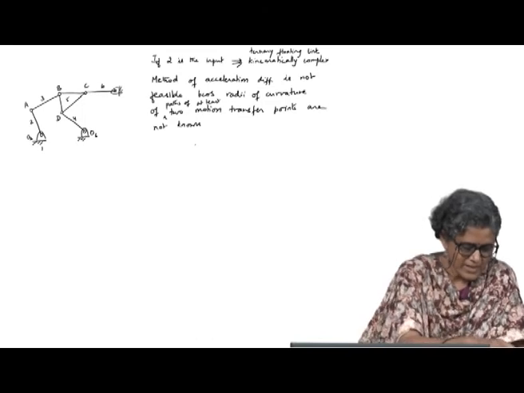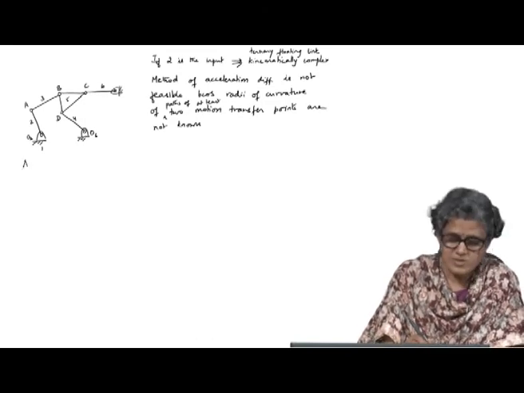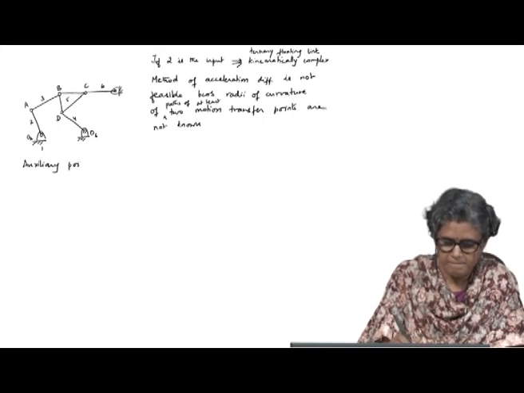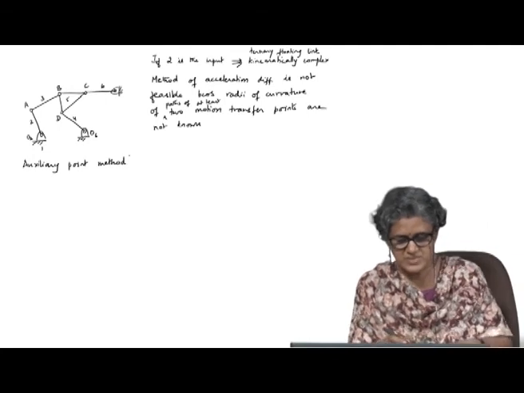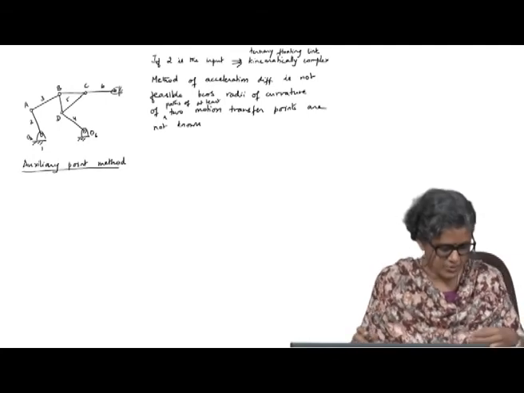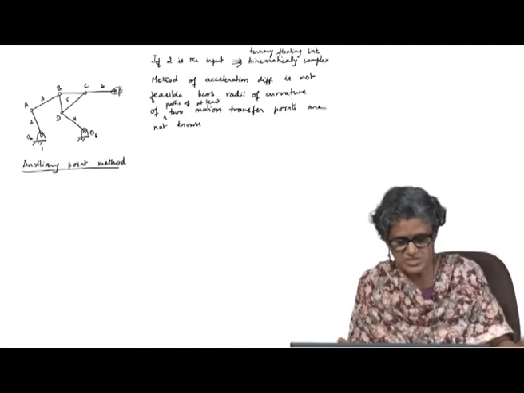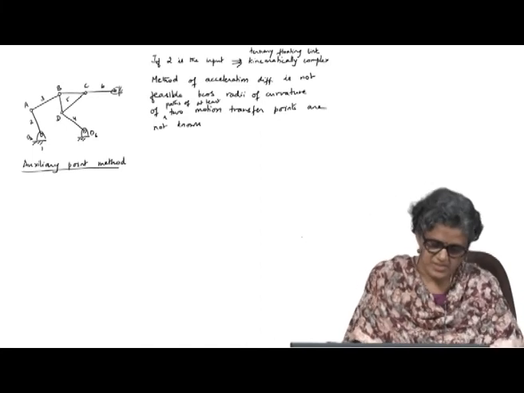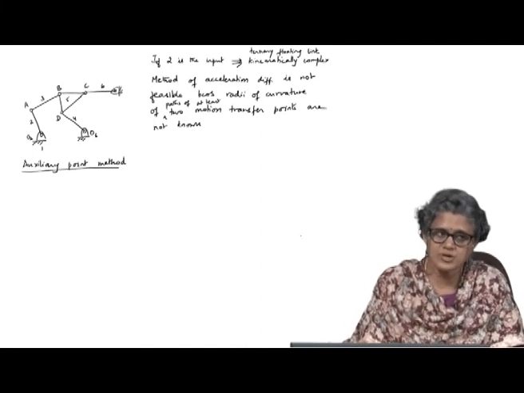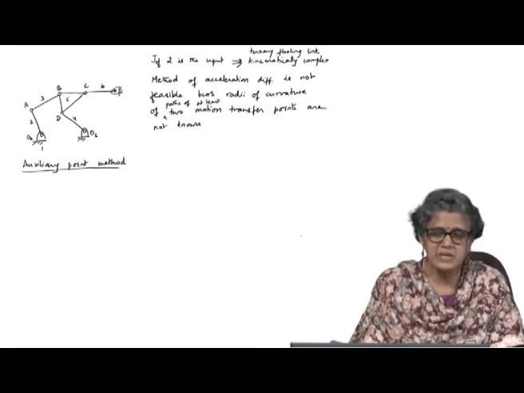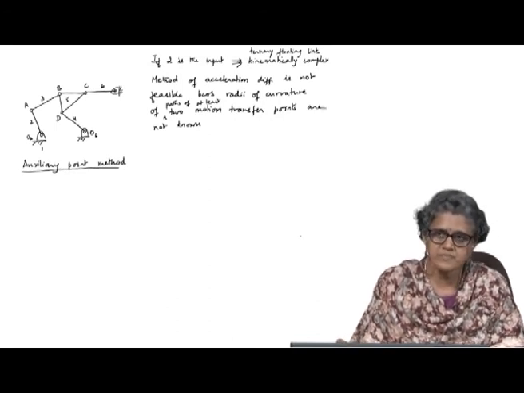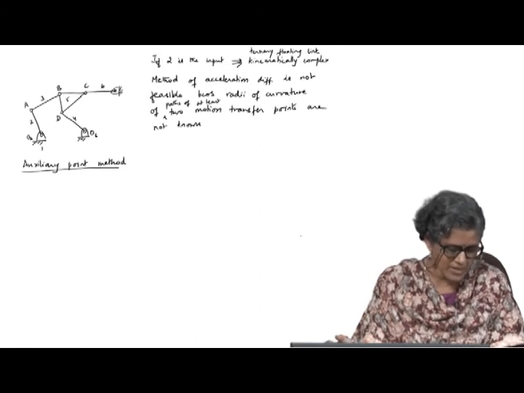So, let us look at the auxiliary point method. I will just explain the basic principle behind it, and we will do it next class. So, this method again, similar to the auxiliary point method for velocities, can be applied to most mechanisms, whether they are low or high degree of complexity.